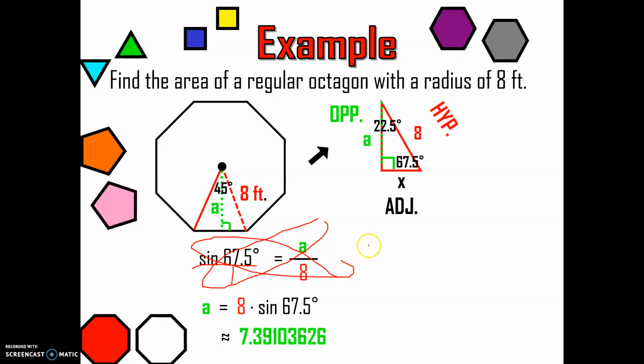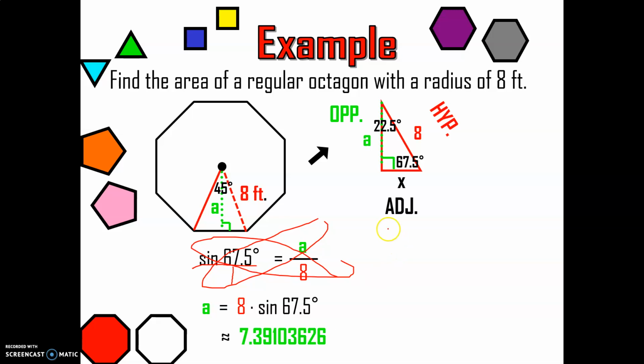That will give us a product of 7.391 approximately, and that's our apothem. As we mentioned in our previous lesson, you want to try not to round too early. You don't have to leave all 8 digits like I did here, but at least 3 or 4 after the decimal place until the very last calculation usually works well.